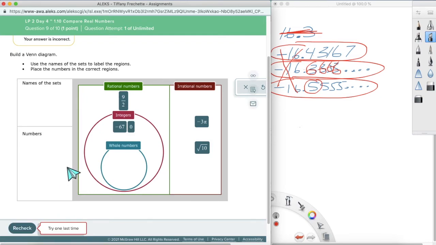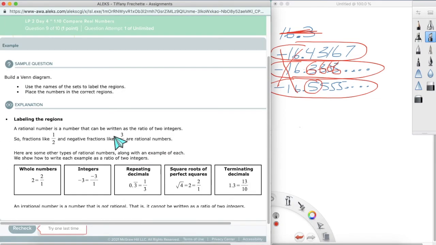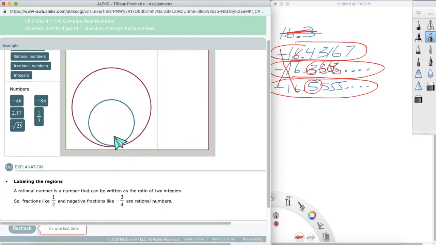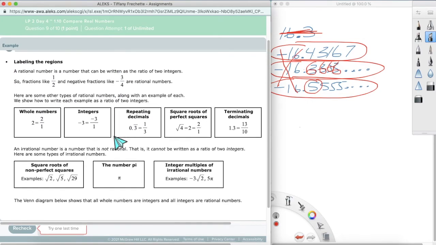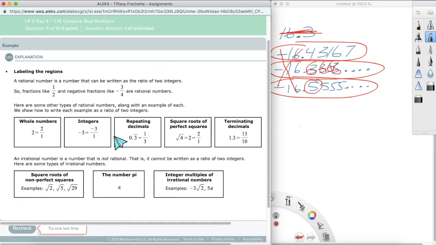Last try. It still doesn't like it. Where does it want me to move things? Just being awfully picky here. 20 decimals, let's see. So we labeled the regions correctly.